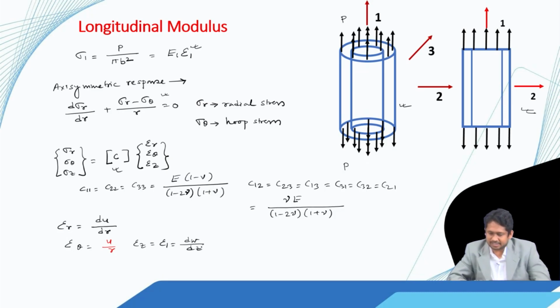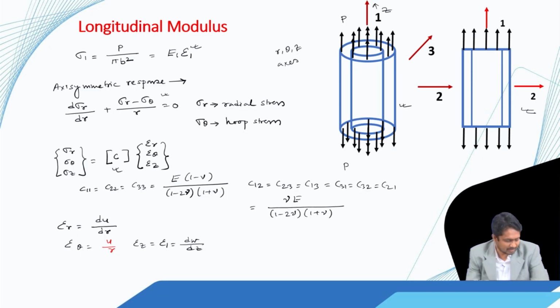When we work in the cylindrical coordinate system, we have this axis also denoted as the z axis. So, we work on three axes r, theta and z, with r being radial, theta circumferential, and z axial. So, z coincides with direction 1.